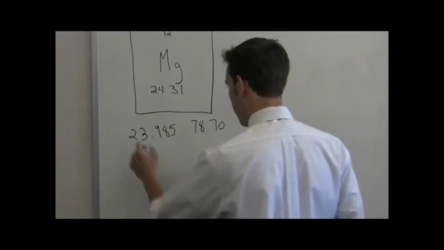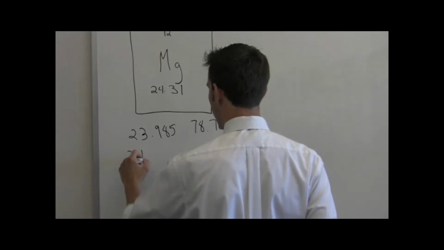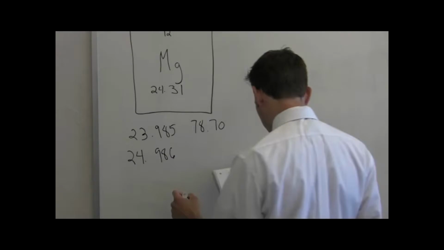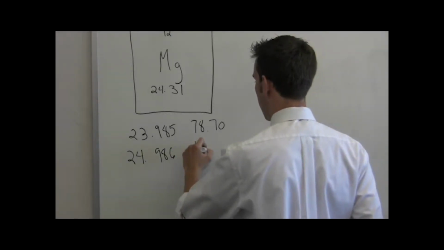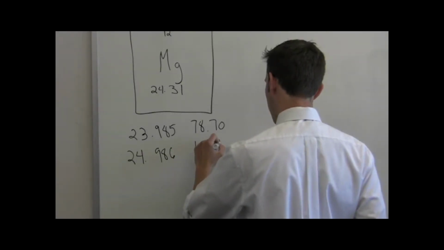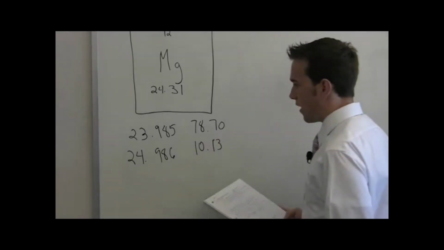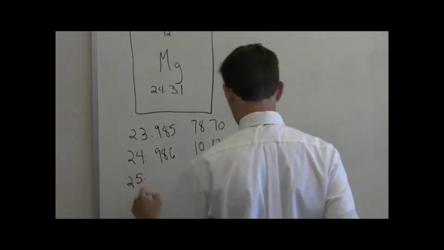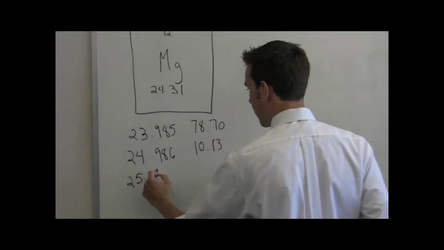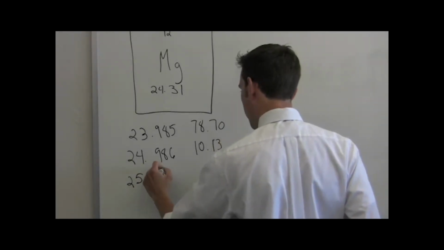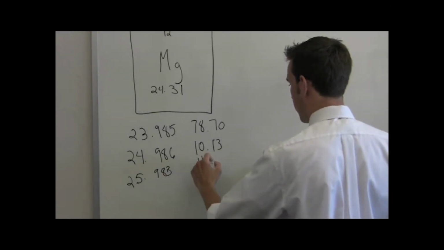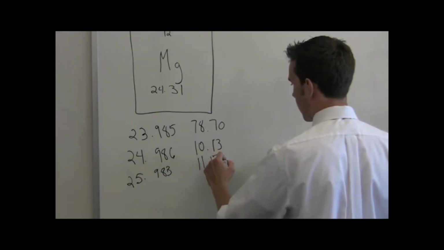We also have the isotope 24.986, and that abundance is 10.13. And the third isotope is 25.983, and that comes in a 11.17%.